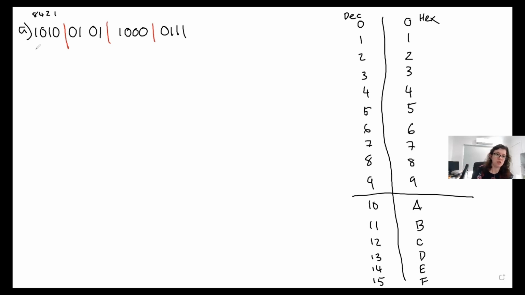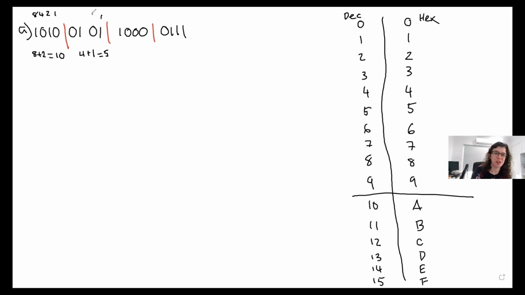In this first one, only the 8 and the 2 bit are switched on, so that gives 10. In this second set of 4, we've got the 4 and the 1 bit switched on to give 5. I think I'm just reading ahead of my actual mouse.